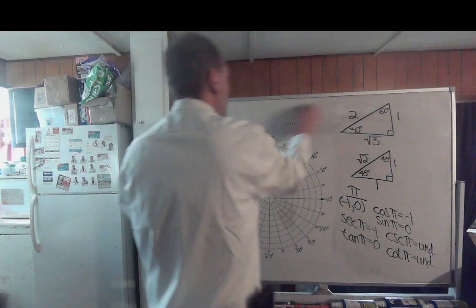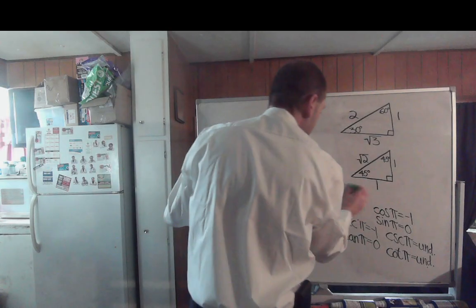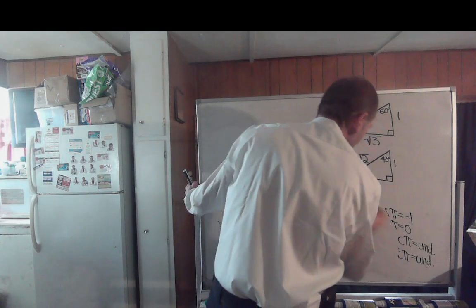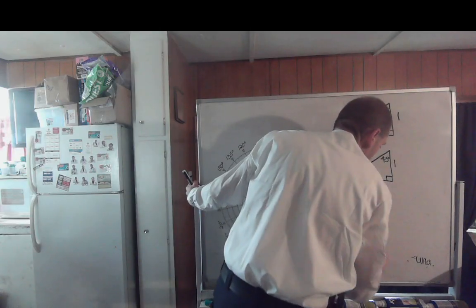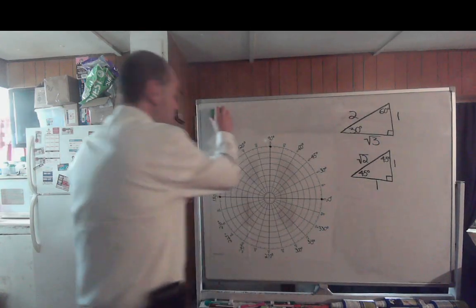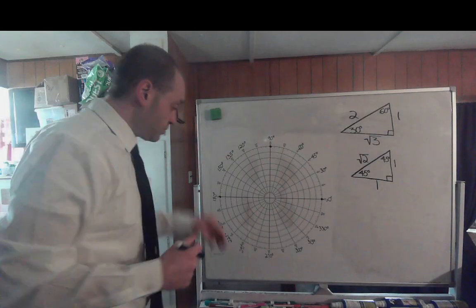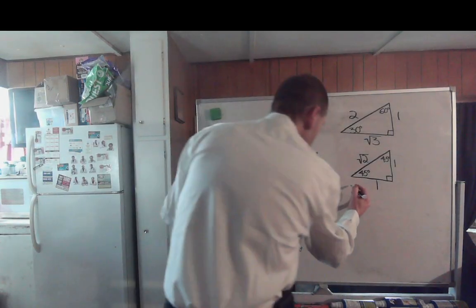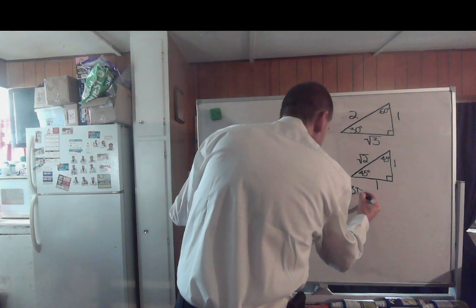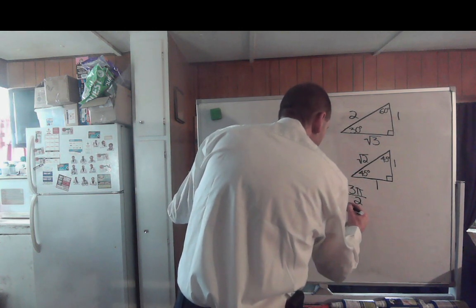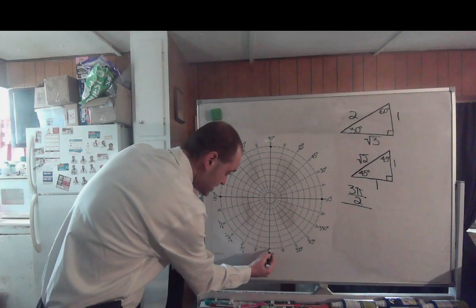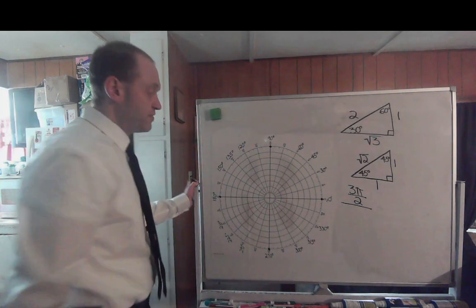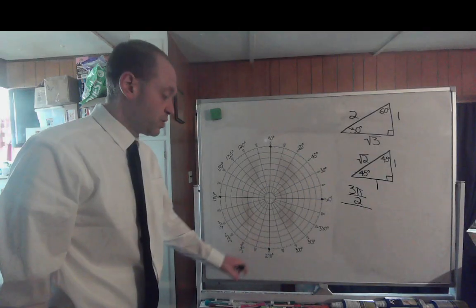Now let's talk about 3 pi over 2. Alright, so 3 pi over 2, which is 270 degrees. Alright, well, if I plot my point down here of radius 1, if that's the xy axis, where does that put me?